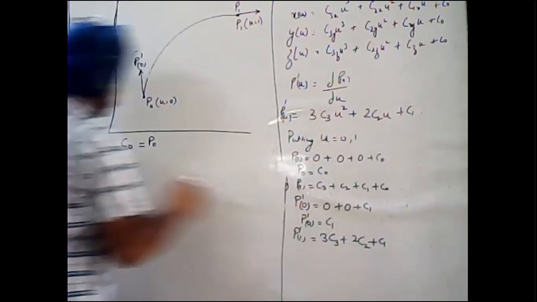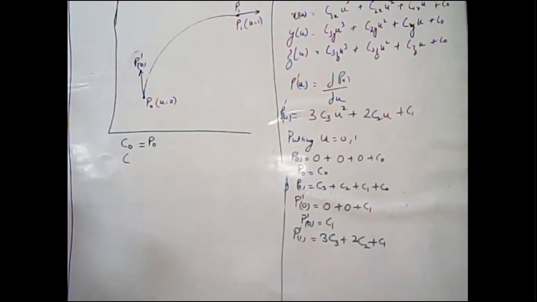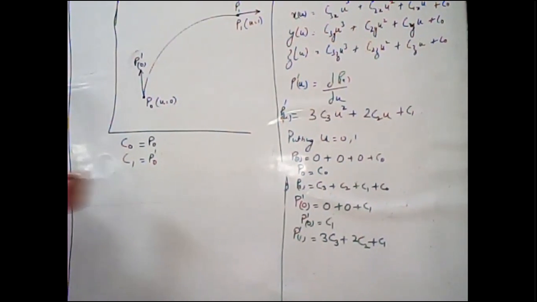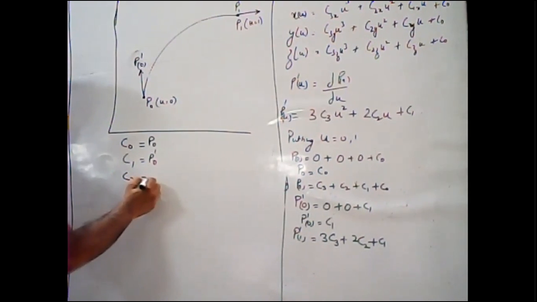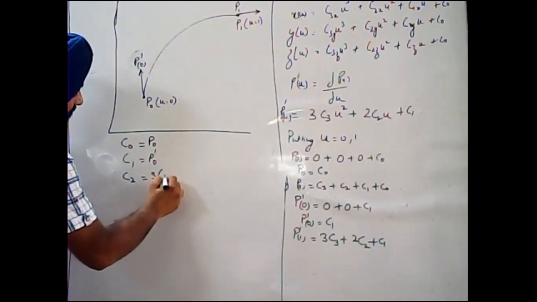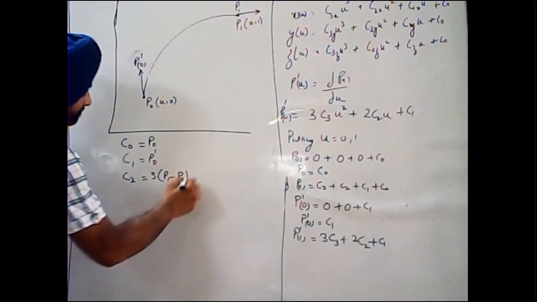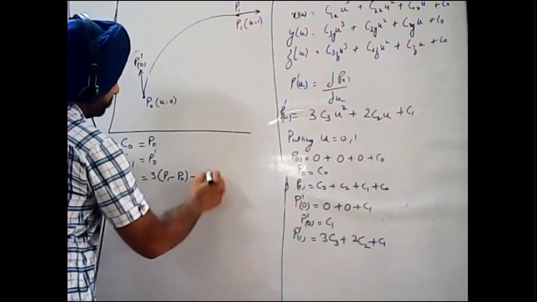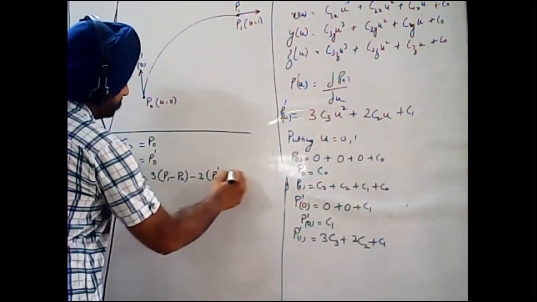C naught is equal to P naught. And C1 is equal to P dash naught. And similarly, C2 can be calculated. That is equal to 3 times P1 minus P naught, minus twice of P naught dash minus P1 dash.